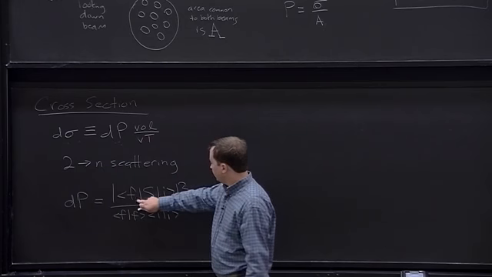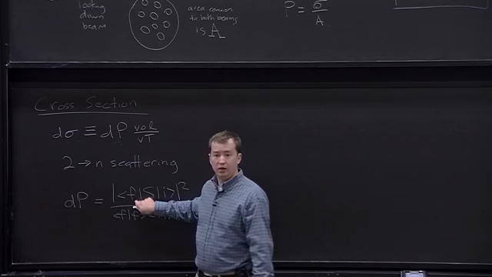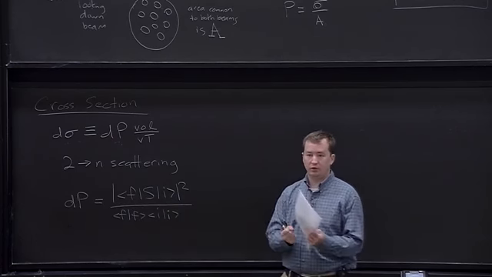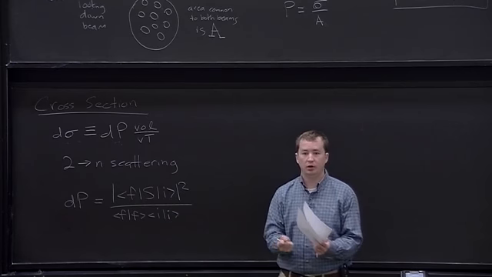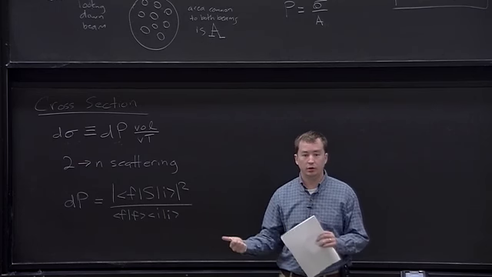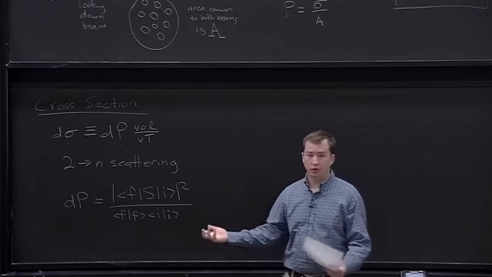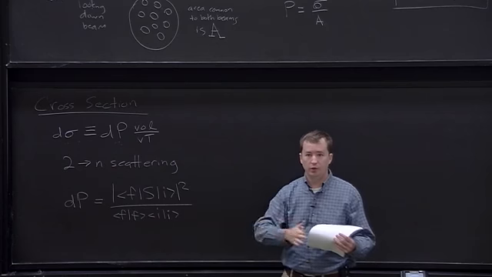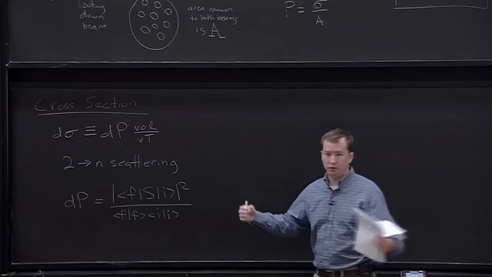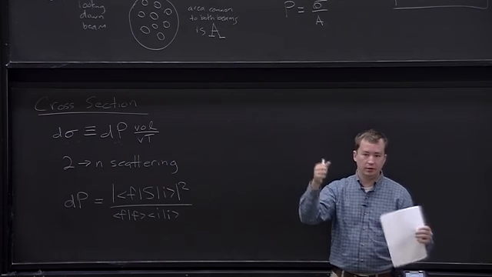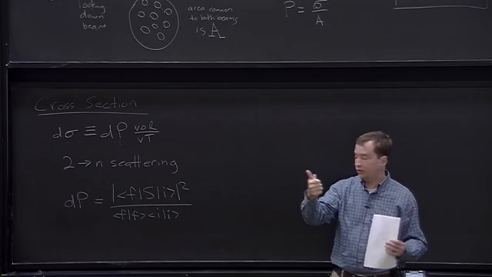So the probability of scattering to a specific final state, where we specified not only the type of particles in the final state, but their momenta precisely, should be 0. So there's usually some continuous parameters we can change. If we collide 2 particles in elastic scattering, they can scatter off in any angle, and the probability they scatter off at a particular angle is 0.